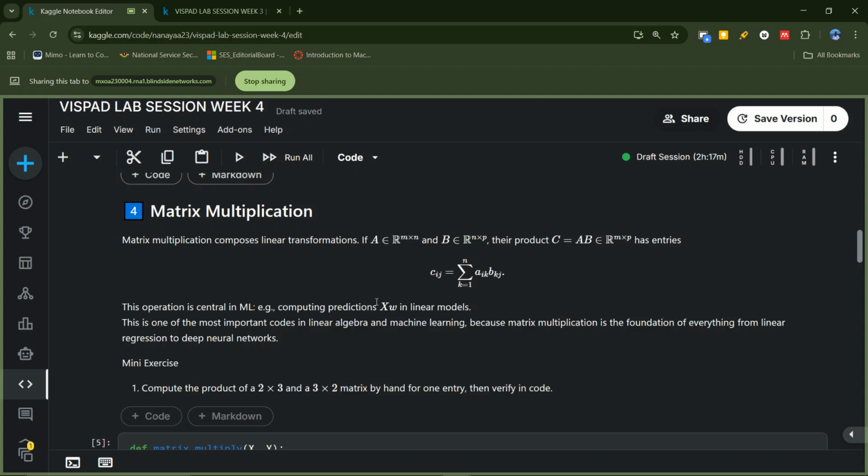In simple terms, we have this element here, C_ij. We have a summation of A_ik and B_kj. I'll explain the code as we move on so that you understand what the k and all of that signifies.